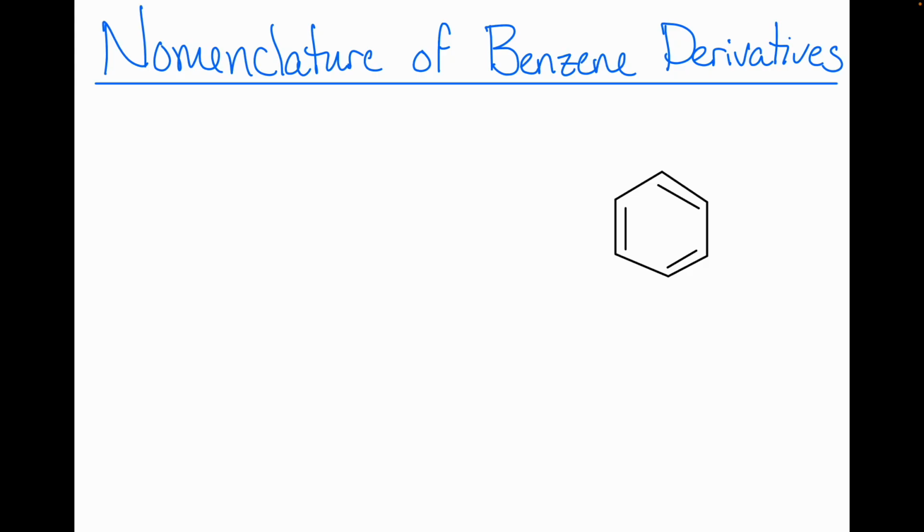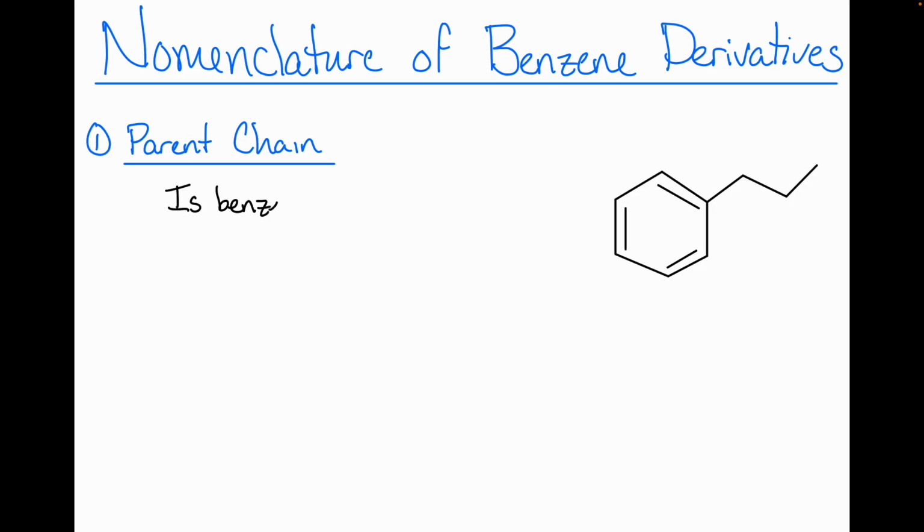If we start putting substituents on there, making what we call benzene derivatives, how do we name this thing? Step one, as always, we need to find our parent chain. Our parent chain is that benzene ring, and we name it benzene.